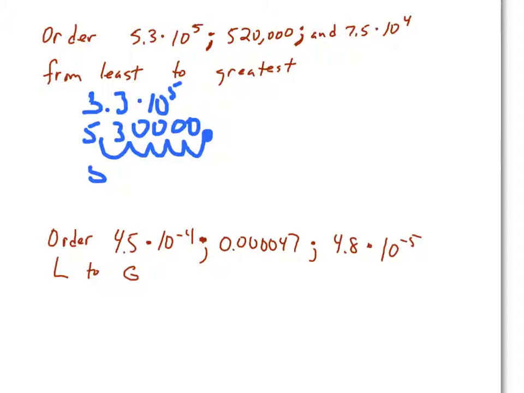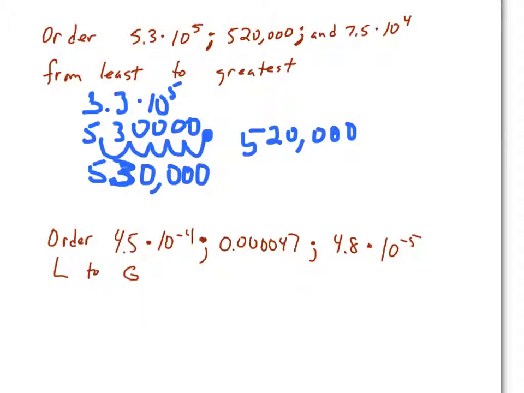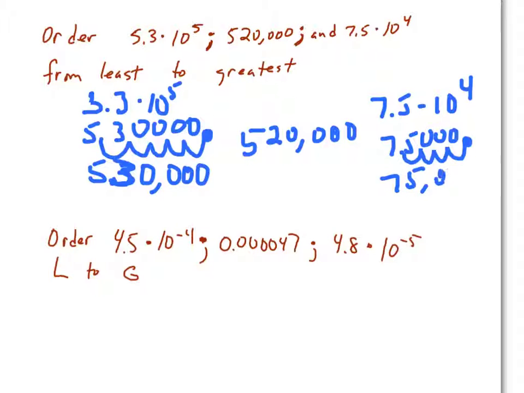So that's 530,000, and this number we already have is 520,000, and then we have 7.5 times 10 to the 4th, so we're taking 7.5, moving the decimal 1, 2, 3, 4 places, so that's 75,000.